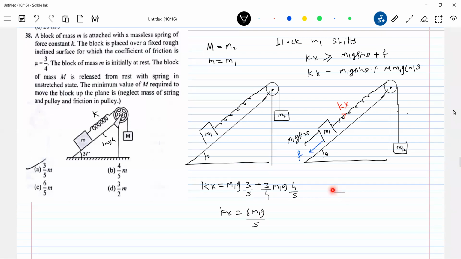Let's come to this. So now what is the other thing? It is asking M2 in terms of M1. I think that was the only thing that is given. So how to replace this Kx? Now, what is the state of this particular block? I release it from rest, and this will be instantaneous rest.